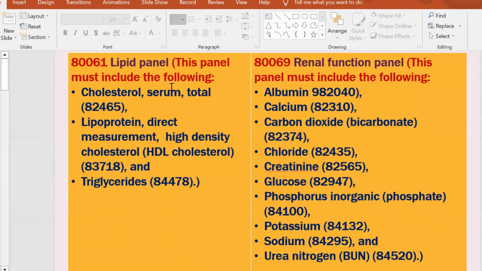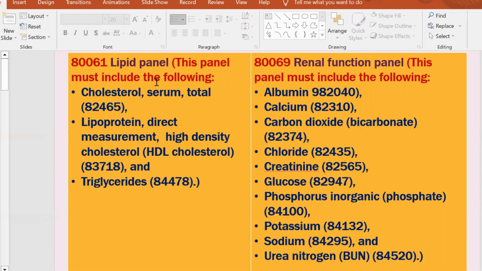Lipid panel. We usually do the lipid panel with cholesterol, serum total, lipoprotein HDL cholesterol, and triglyceride. If the patient has done only HDL, we must report only 83,718, not the lipid panel.